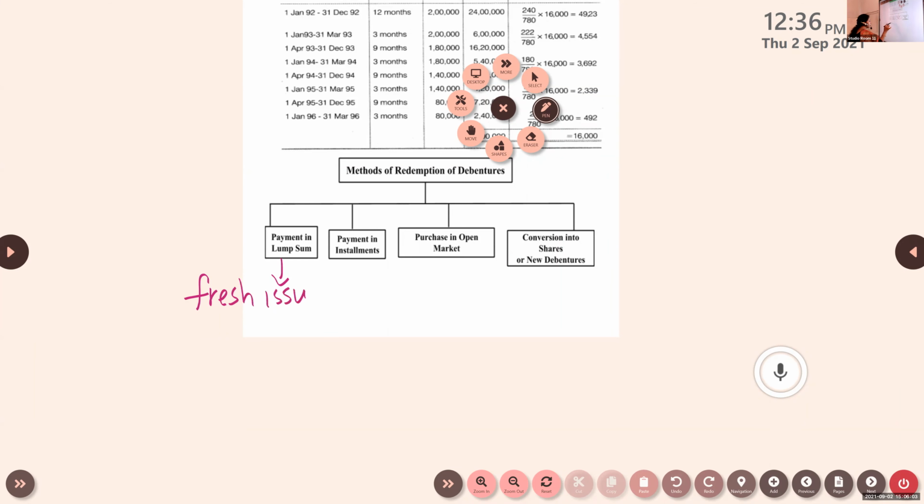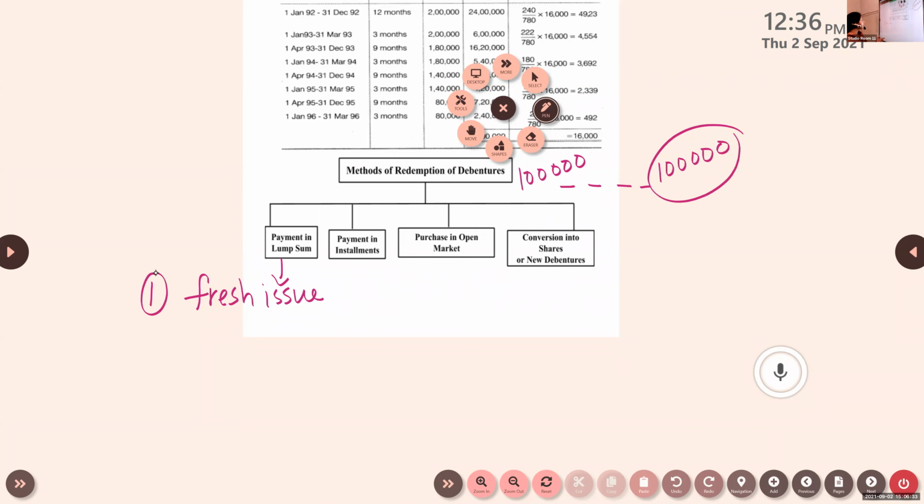See, they had borrowed 1 lakh rupees. Every year they are making interest payments, and after that particular time period, the full amount has to be repaid back. So now this 1 lakh rupees is required to give it back. How to do this? One of the methods is by making a fresh issue.